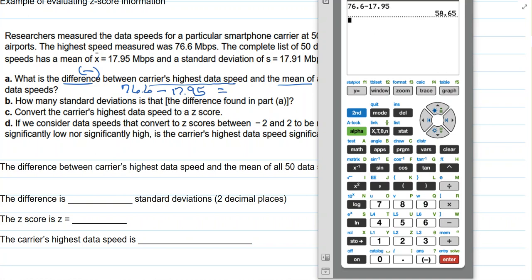And I get 58.65. So let me see what I've got here. Oh, I put a 95 and it's not a 95. I'm making little mistakes here as I'm looking. 17.91 and the high was 76.6. 58.69.